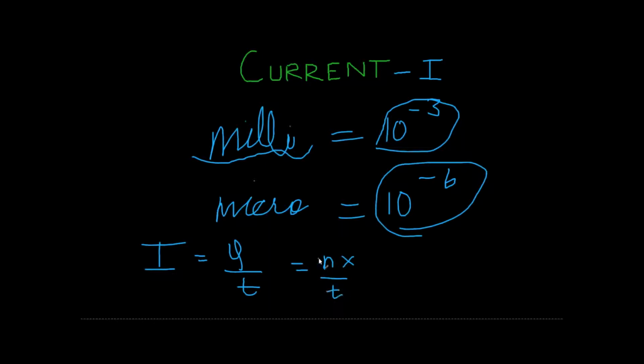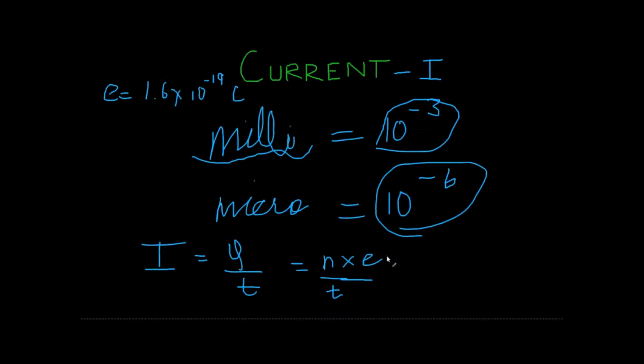So guys, if I have n number of electrons that pass through a conductor in time t, I'm pretty sure you'll be knowing this, that an electron has a charge of 1.6 into 10 power minus 19 C. The C is nothing but coulomb. So guys, if I have n electrons, then the overall charge is n times e.